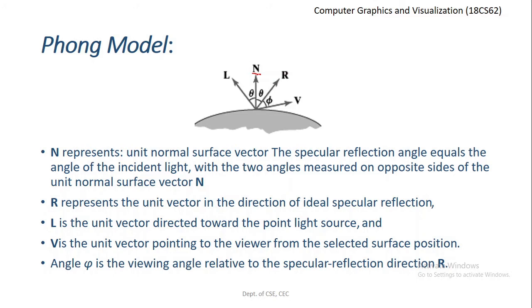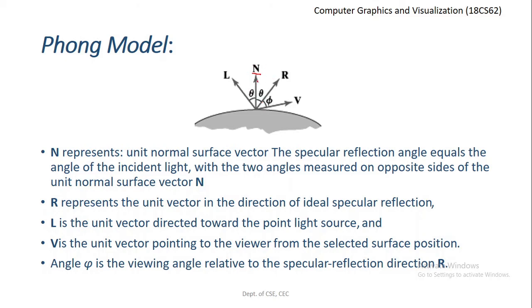So, the specular reflection angle equals the angle of the incident light, with the two angles measured on the opposite sides of this unit surface normal vector n. Taking into account the surface normal vector n, the specular reflection angle is given by theta, which is also equal on the opposite sides of this particular surface normal vector, right?